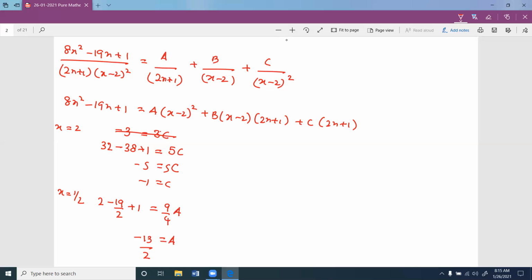For this case, if you put half, 8 into 1/4 is 2, minus 19 into half, plus 1. It's 13 over 2.